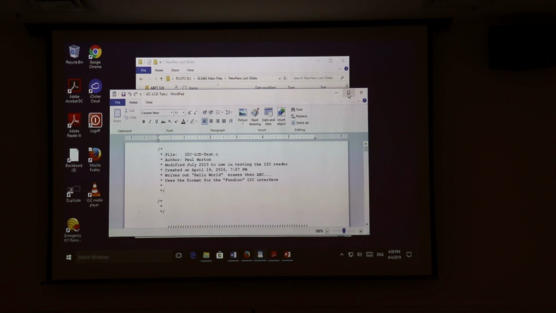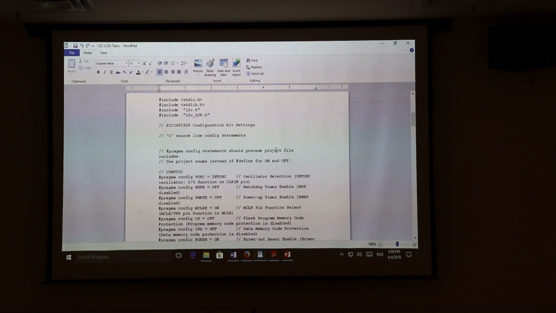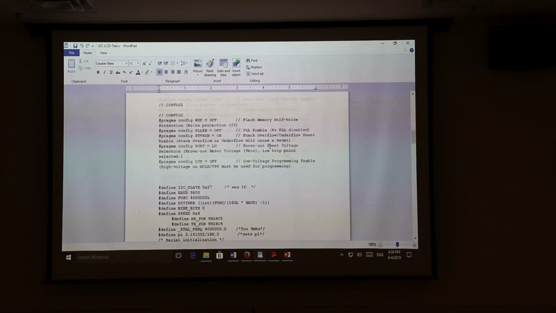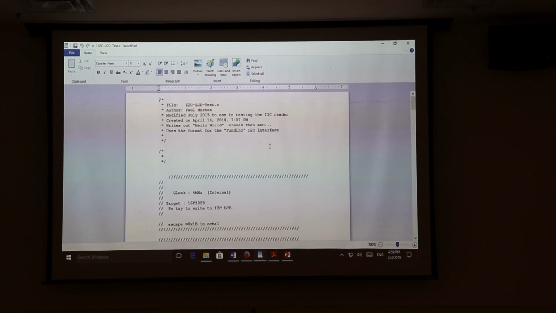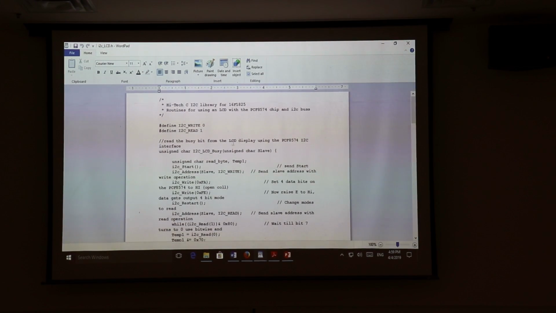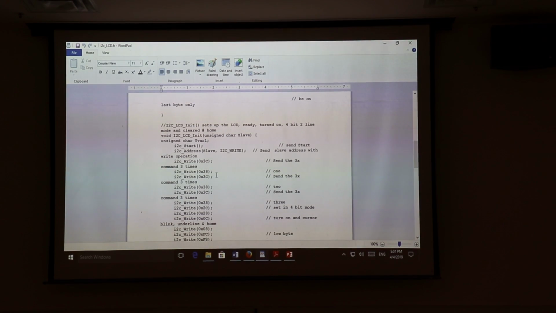I2C_LCD file, this gives us a little better feel for how this actually happens. Okay, so is this the C file? Yeah, sorry. So if we do this file, there's a function here that reads the busy bit, and so we actually put the I2C LCD module into a write mode, and we actually have it not talking directly to the LCD.